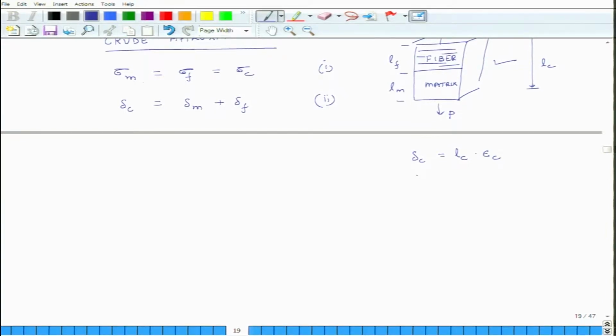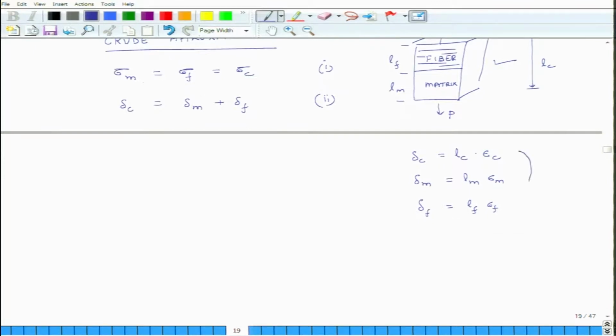Similarly, the extension in the matrix is equal to Lm times epsilon m, and the extension of the fiber is equal to Lf times epsilon f.